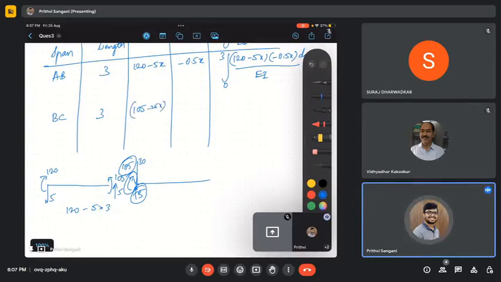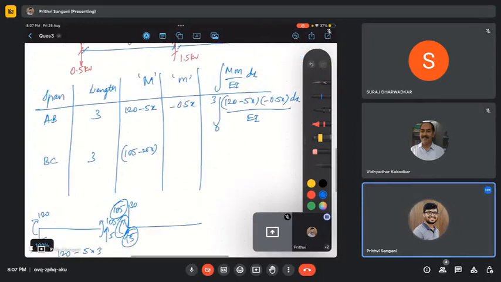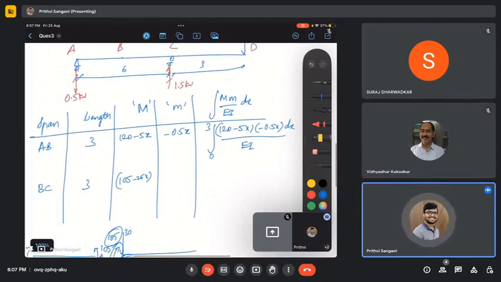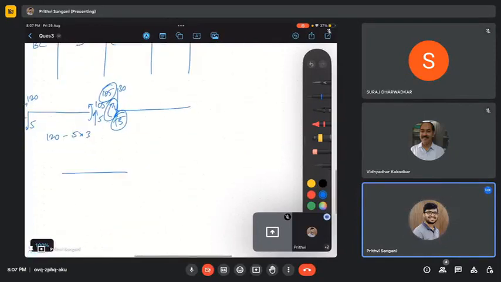And what about small m? For small m, again, you break there. You have 0.5 downwards, but you should also consider the moment, right? So 0.5 times 3 is 1.5. So this is 1.5.